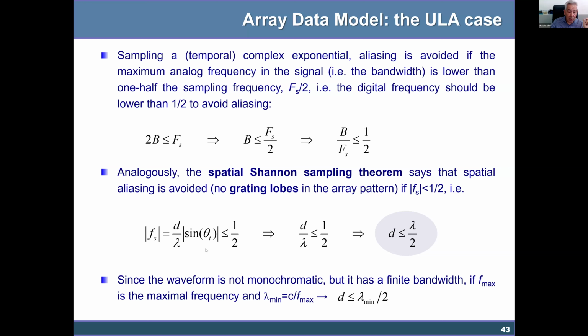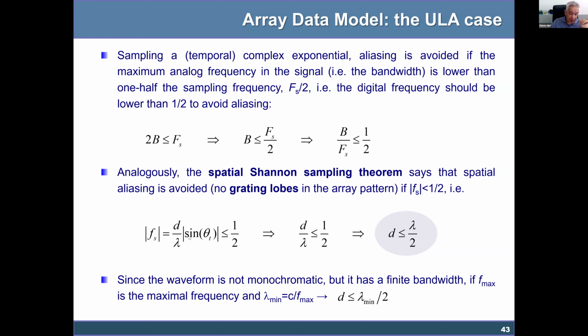Because it depends on the azimuth, I select d so that this inequality is satisfied in the worst case. And the worst case is when this quantity is the largest, which means theta equal pi over 2.